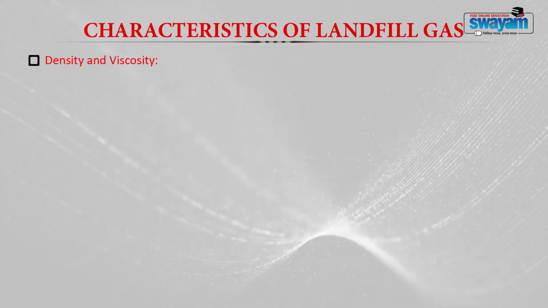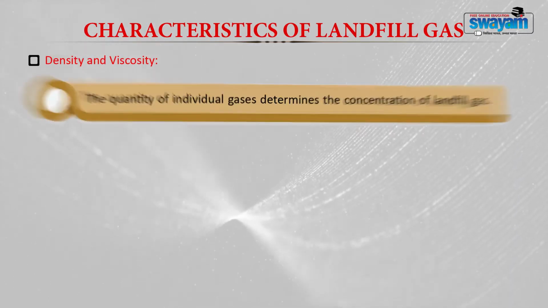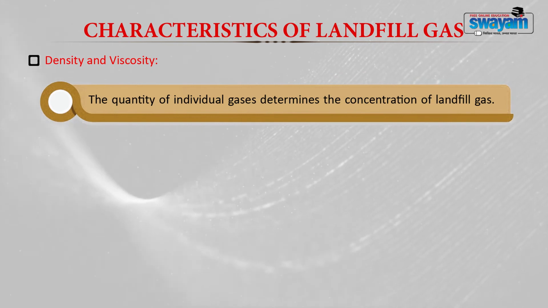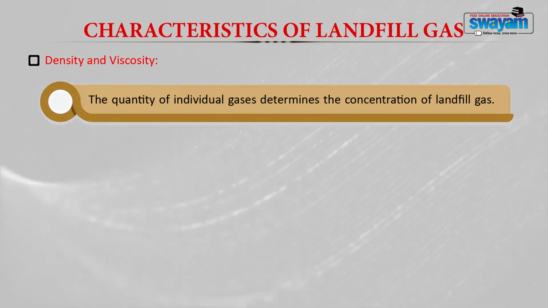Now, let us discuss the characteristics of landfill gas. There are many different characteristics. We will discuss density, viscosity, heating value, water vapor and the non-methane organic compounds that are present in the landfill gas. First, the density and viscosity. The quantity of individual gases is generally determined based on the concentration of landfill gas.